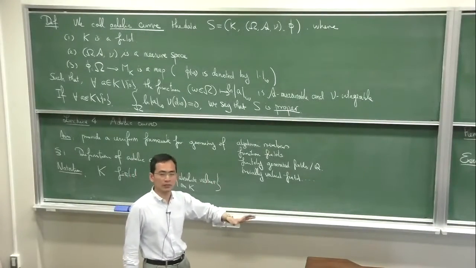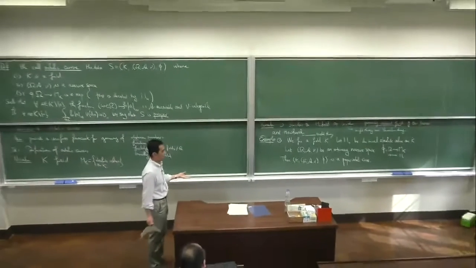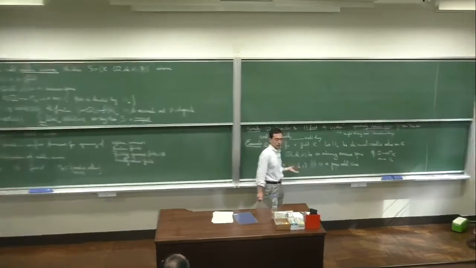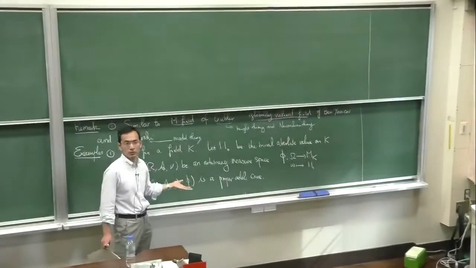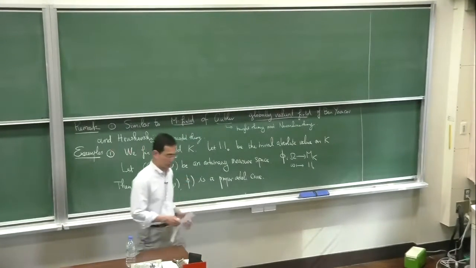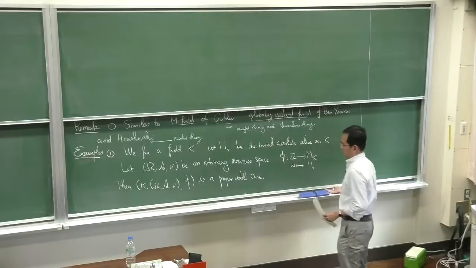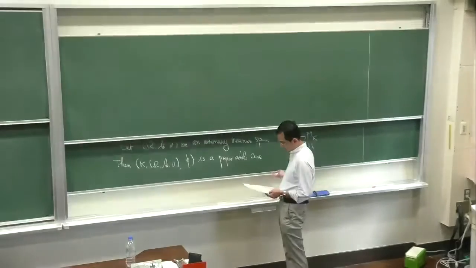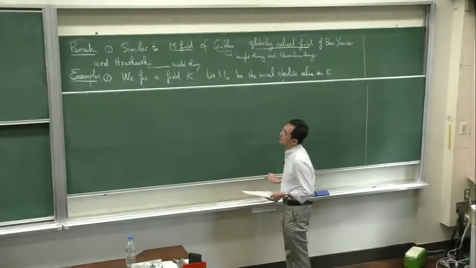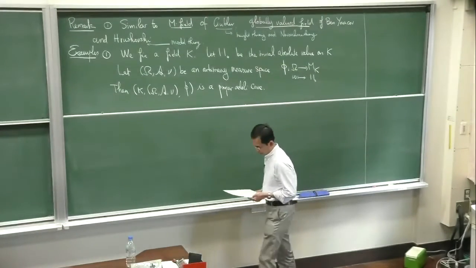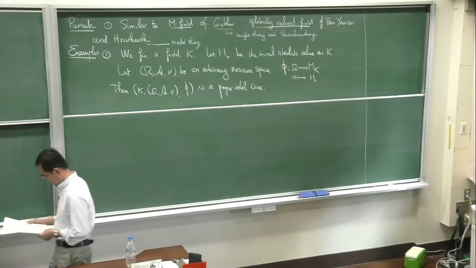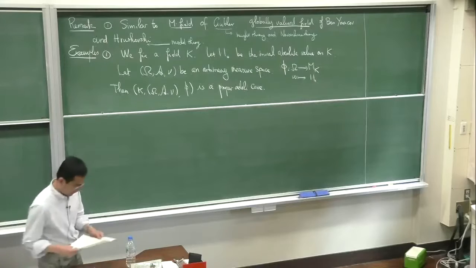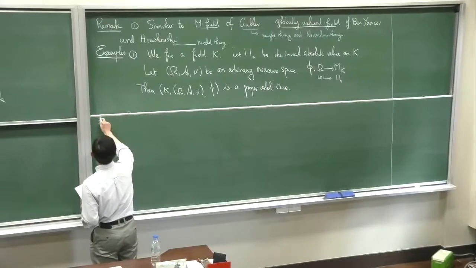So the constant zero function is measurable on Omega and integrable with integral 0. So it's a proper adelic curve. This is, in some sense, the most simple one. Then we can consider number fields.